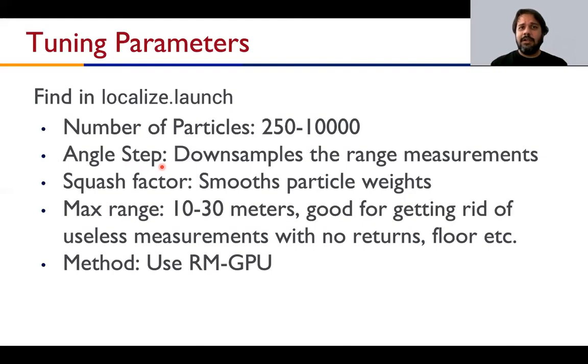It's downsampled by a factor of 4 compared to the real LiDAR, right? So you can specify that angle step as well. The range of the LiDAR also influences your particle filter because the longer you can see, the better shot you have at getting these unique correlations right at the very beginning.